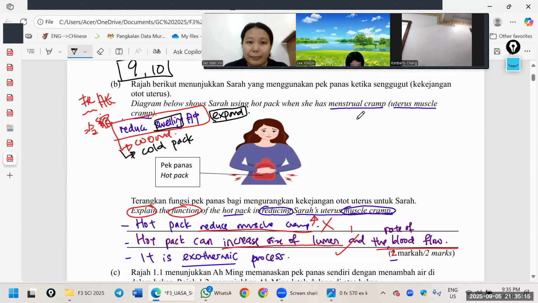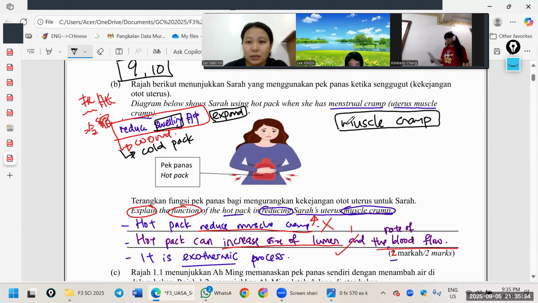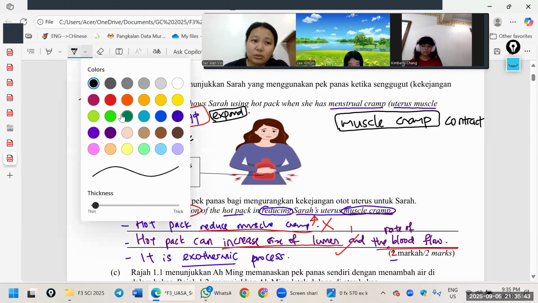Then this one, cramp. Actually, what is a muscle cramp? What actually happens in a muscle cramp? Does it expand or contract? Contract. Right, cramp means it's contracting. So what do we need to do?